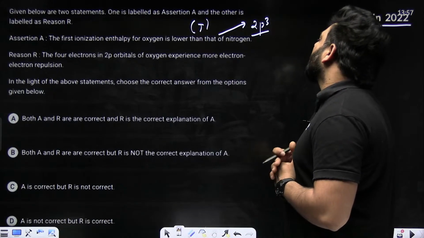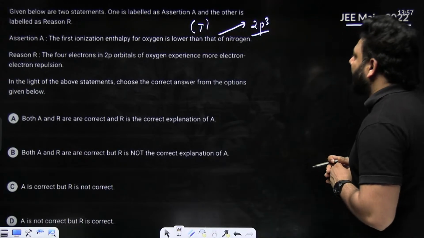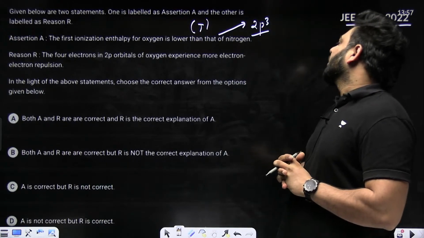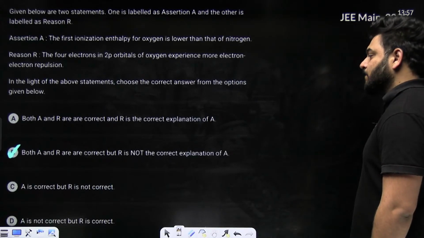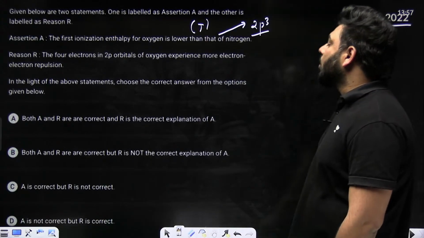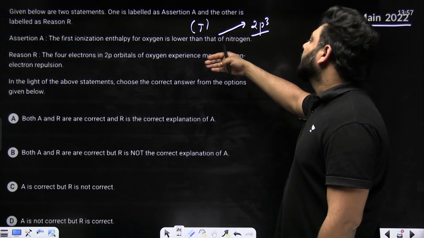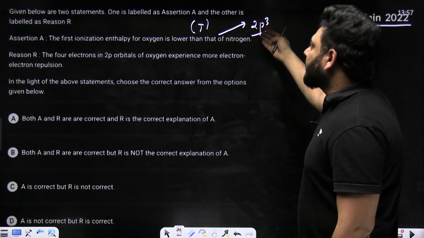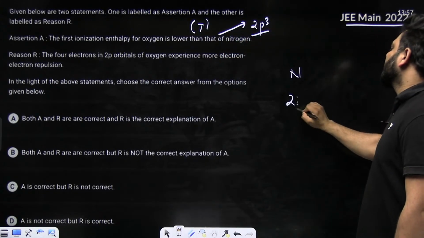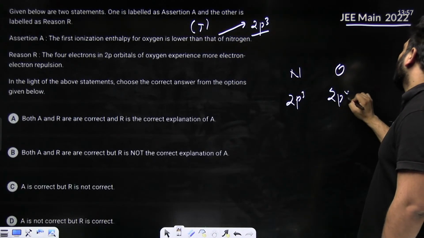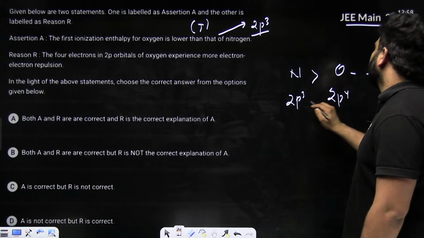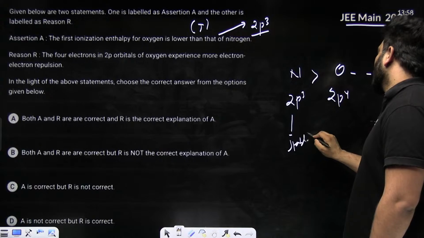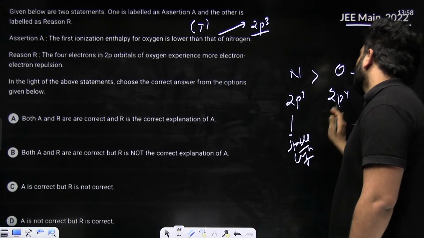Sigma might be more in oxygen, so does the Z effective, and that's why I think A is correct. B is also correct, but it's not an explanation behind the higher ionization enthalpy of nitrogen, because we have nitrogen with 2p3, oxygen with 2p4, and higher ionization enthalpy is because of its stable configuration, not because of the higher electronic repulsion in oxygen.